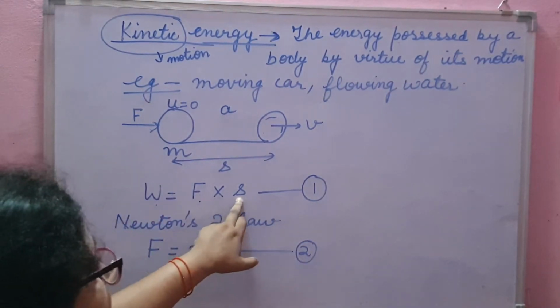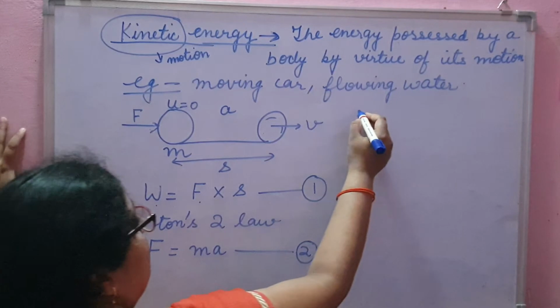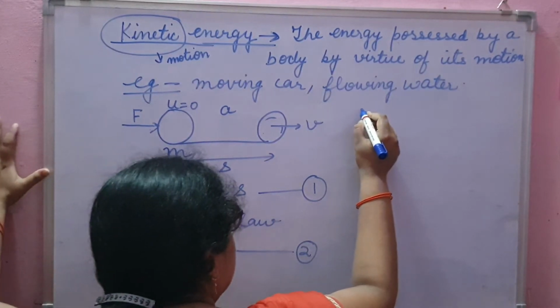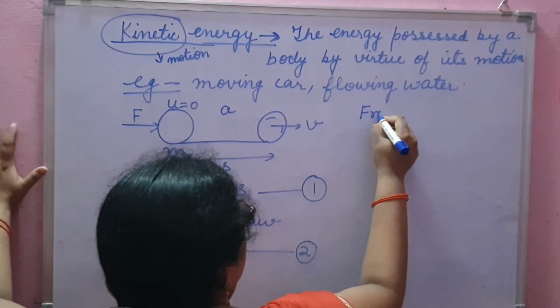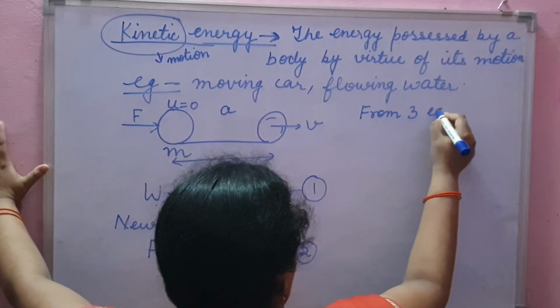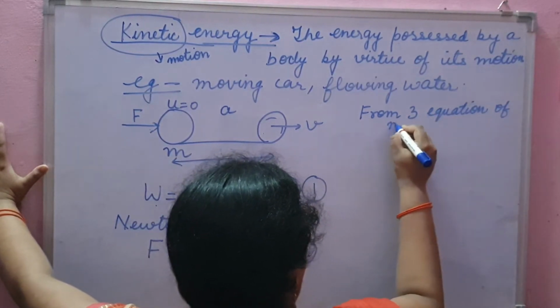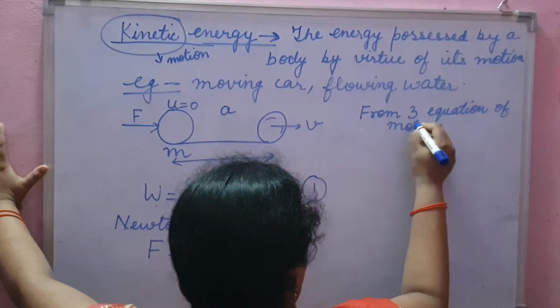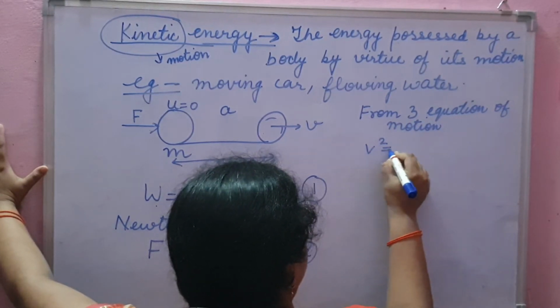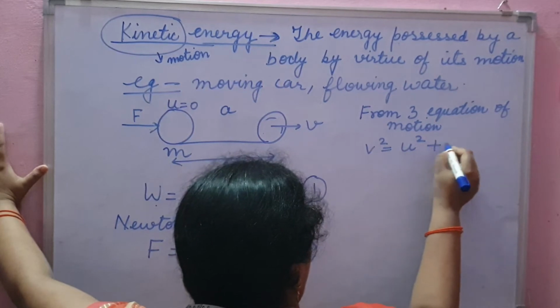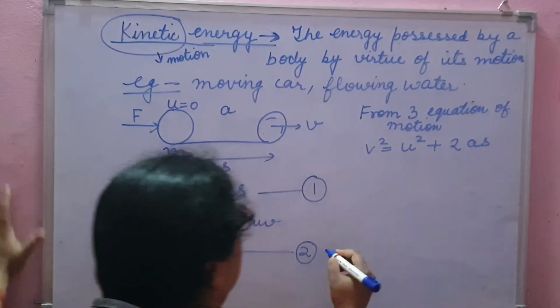Now to find the expression for s, we will use the third equation of motion. From the third equation of motion, v square is equal to u square plus 2as.